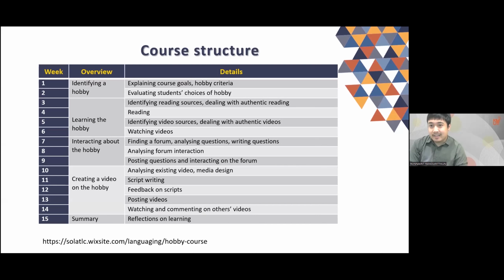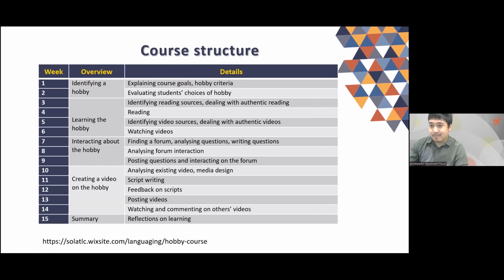And this is the course structure. At KMUTT, we usually have 15 weeks, and we divide the weeks into 5 different stages. The first one is identifying a hobby. In the first 2 weeks, we need students to understand the concepts of the course, since we assume that most of them are used to the way English was taught traditionally.